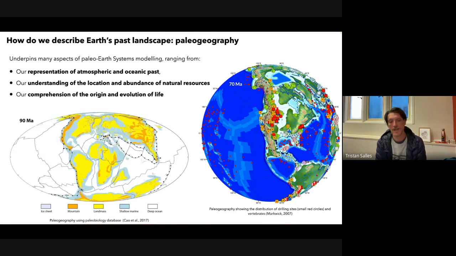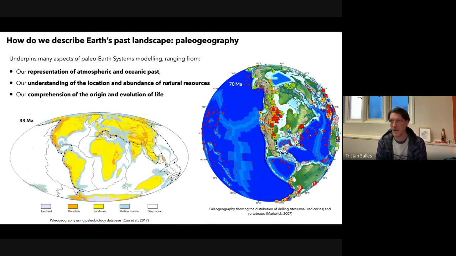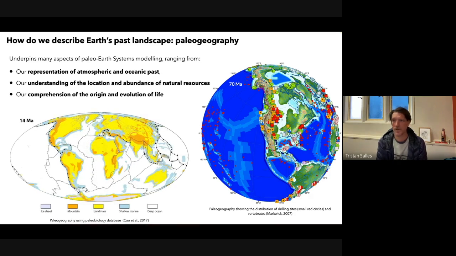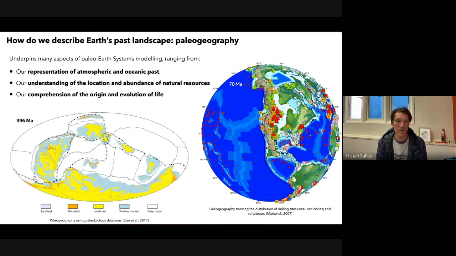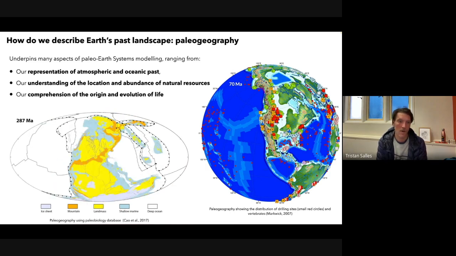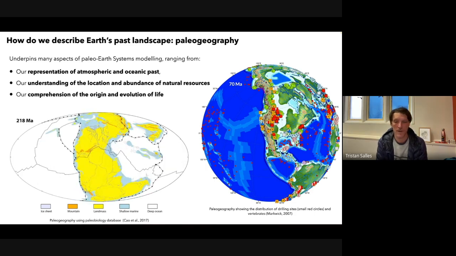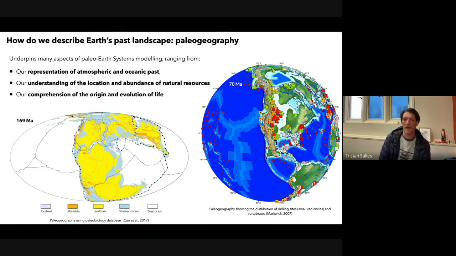They have been used extensively to try to estimate and predict where we could find some natural resources, and they are also used as input for understanding the origin and evolution of life, for example in mechanistic movement.